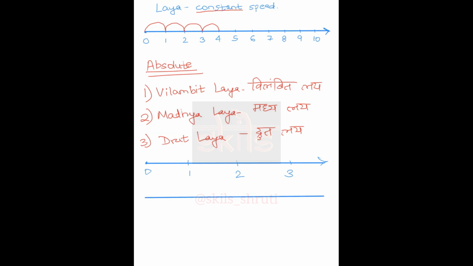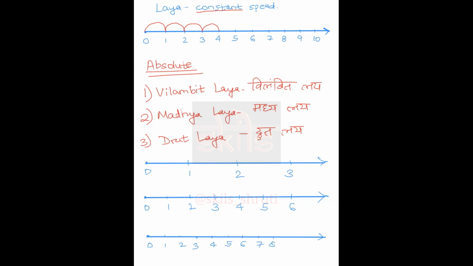Now coming to the Madhya lay, the distance between your points reduces in Madhya lay. So the beats are now coming closer together, and then we go to the Drut lay, where the beats are closer still.